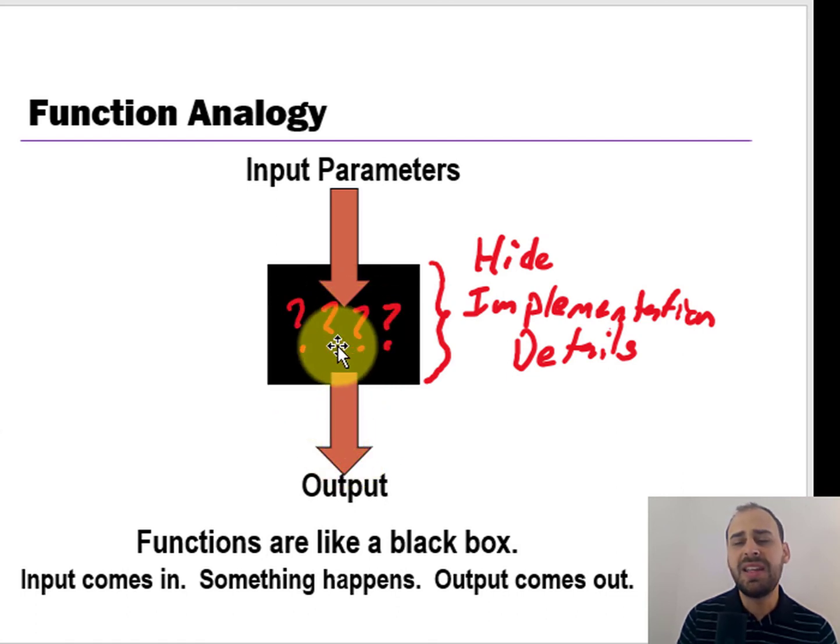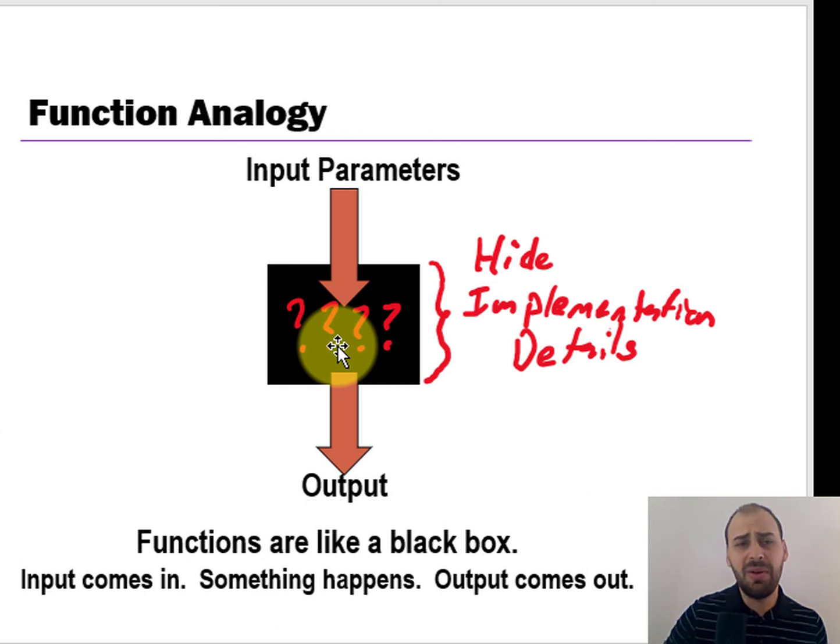The key thing is somebody using a function should not need to know how the function works, or what the function's doing inside to make that output. They need to understand what action it's performing, but don't have to know all the implementation details.